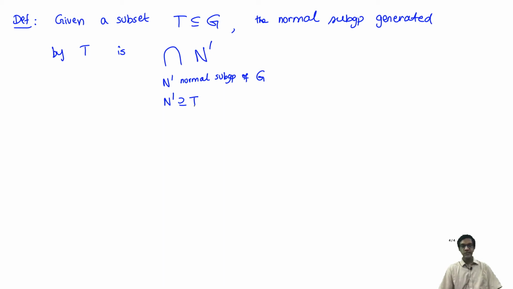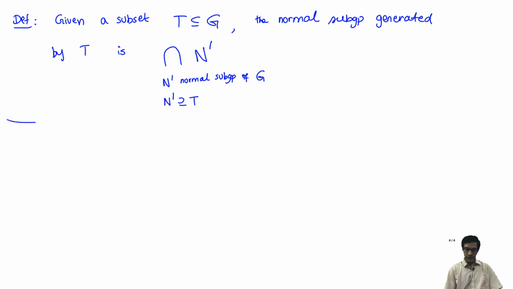And it's an easy exercise to check that when you intersect an arbitrary collection of normal subgroups, the answer is still a normal subgroup. So the intersection of all normal subgroups which contain a given set is necessarily a normal subgroup, and that's called the normal subgroup generated by the given set T.